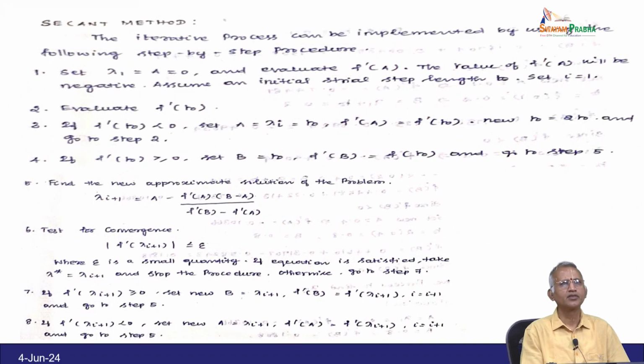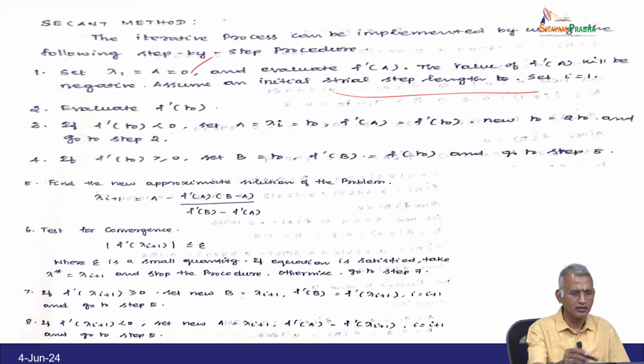Now based on the secant method, the iterative process can be implemented by using the following step by step procedure. Set lambda 1 equal to a equal to 0, evaluate f dash of a. Therefore the value of f dash of a will be negative. Assume the initial trial step length t naught, set i equal to 1, evaluate f dash of t naught.